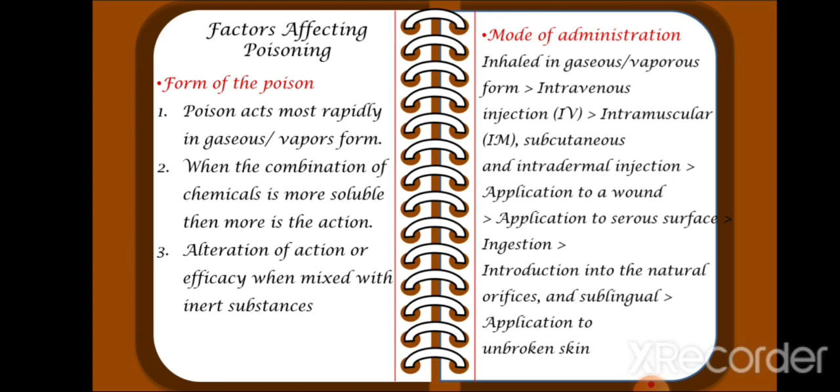And the sublingual route is more toxic than application on broken skin. So this is the comparison made between the forms in which we take toxins and which is more dangerous than the other. Every form is dangerous, but which is more dangerous than the other.